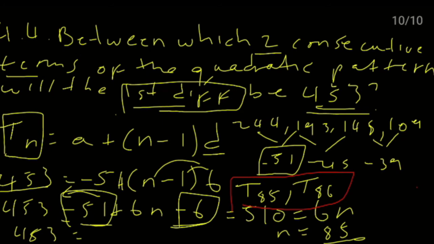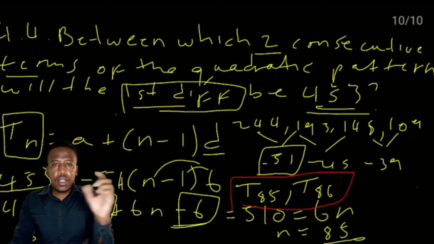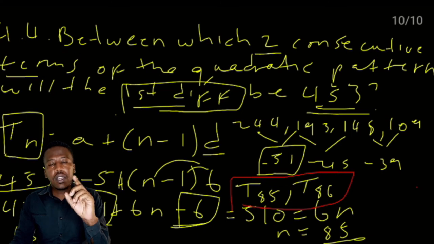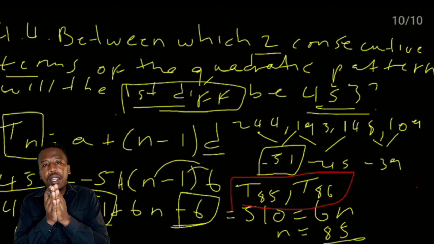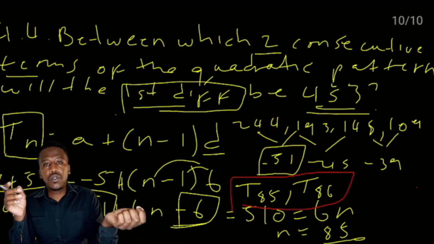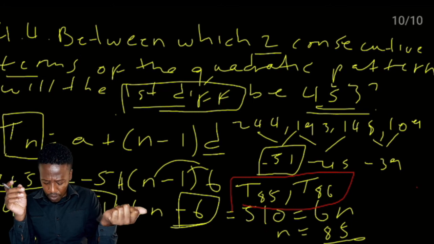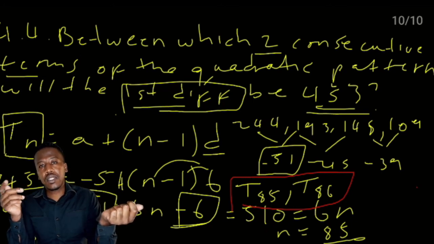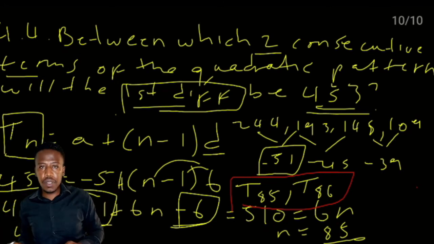So if you manage to determine the one term, you should know the key says consecutive terms, meaning if you determine that one term, it should be obvious that the next term should be whatever number follows. So if we determine 85 to be that term which has the value of 453, then the next one should be 86.